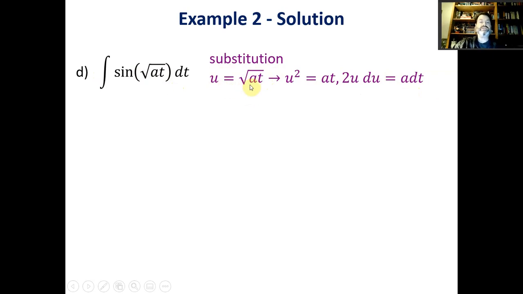So the trick here is, in fact, set u equal to radical at, square both sides, then take the differential. And now we can just divide this by a and substitute everything in. And it turns out you just get this, and it works out real nice.